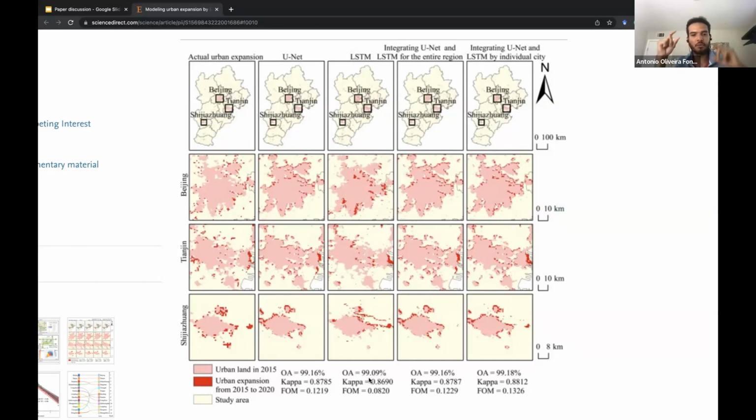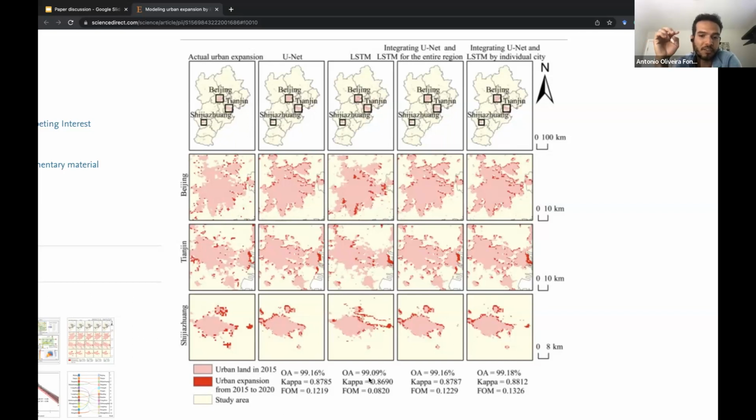The contribution of urban land data per pixel is essentially a binary variable: not urban, not urban, not urban, and then suddenly urban. That information doesn't really help you much, because if you only use that, the prediction would be flat all the time, and then suddenly there is a transition and you still don't understand why it happened. The driver factors could be more impactful, but apparently there are more things that matter.